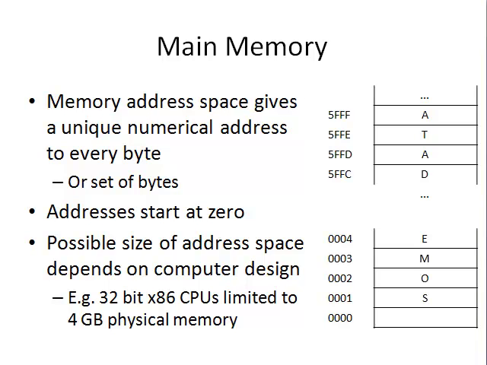So the memory address space gives us a unique numerical address for every byte or set of bytes, and addresses start at 0. Now the amount of physical memory you can address depends on the computer design.